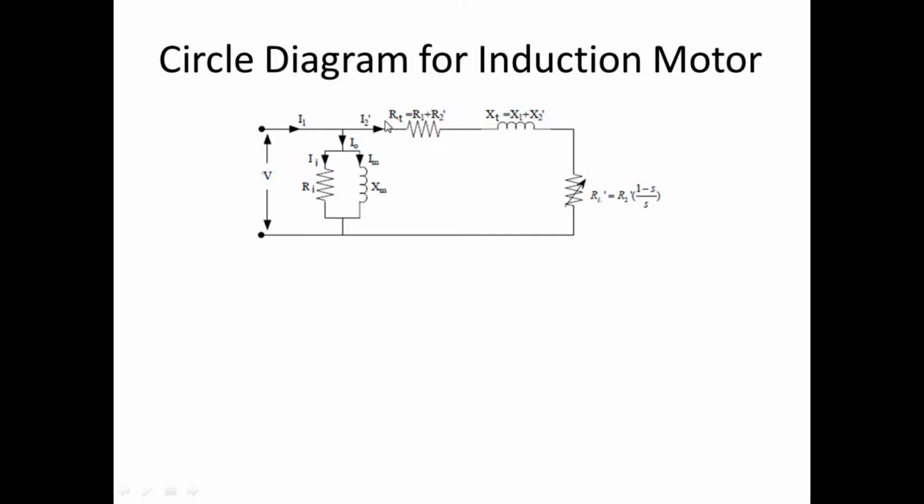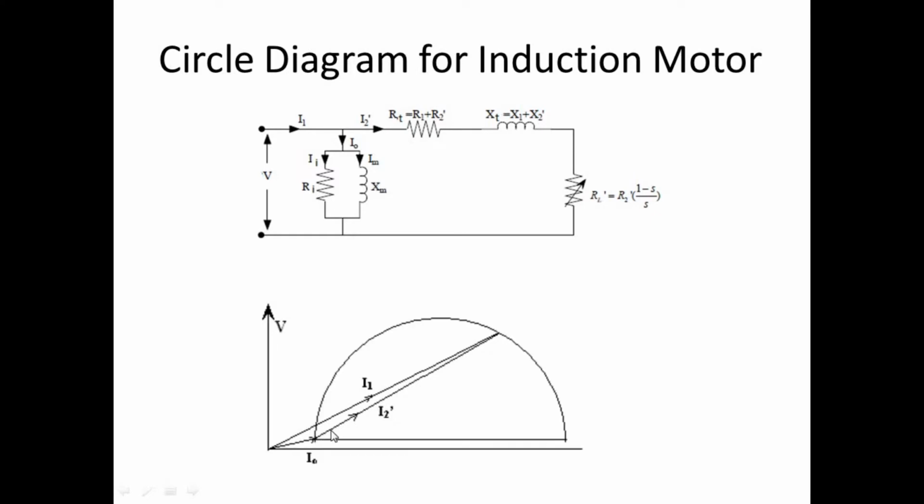I1 is actually the phasor sum of I0 and I2 dash. So, I0 plus I2 dash will give I1, and we can apply the circle diagram here for I2 dash. So, we can draw the circle diagram as the locus of I2 dash.